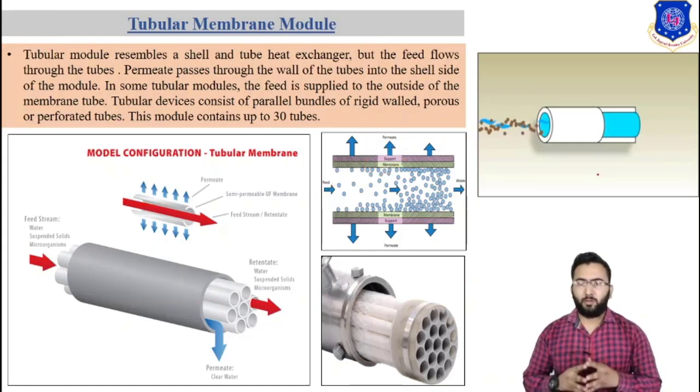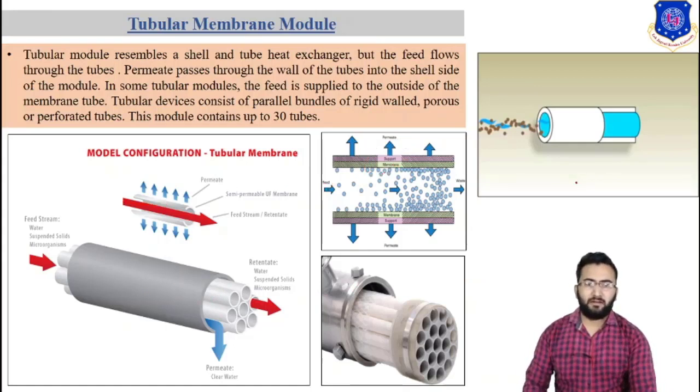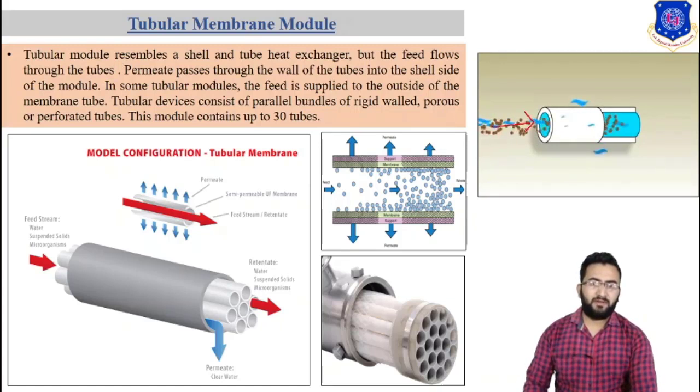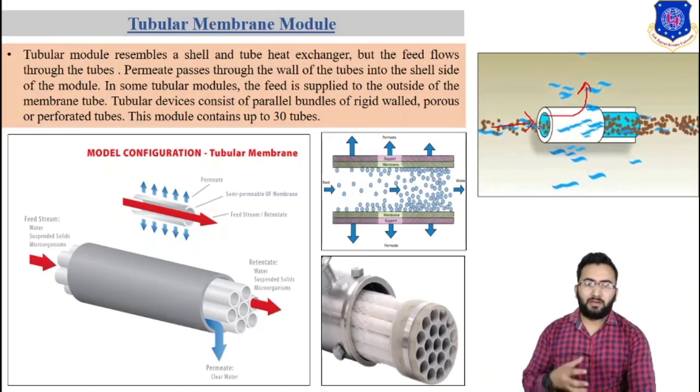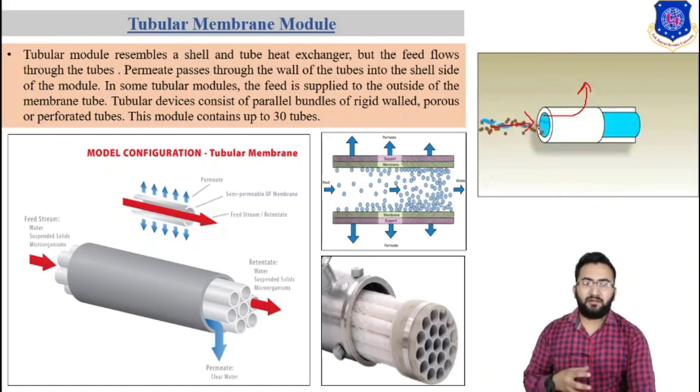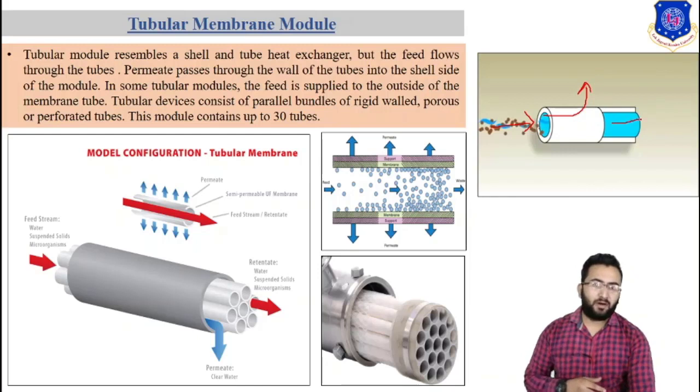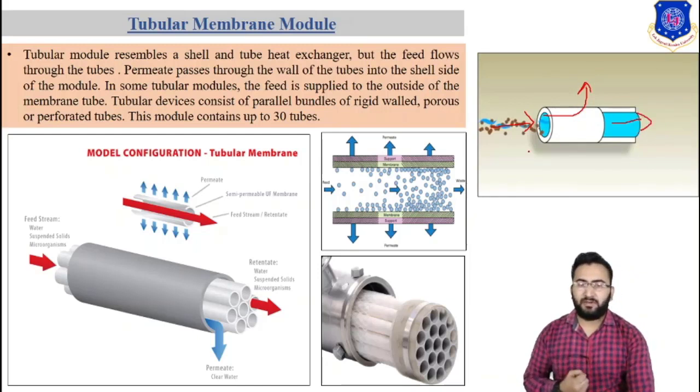To understand the tubular membrane module, let's consider this animation in which the mixture passes through this tube and permeate flows out from this tube, and the rejected retentate, or solute that has a bigger molecule size than the pore size of the membrane, is collected from this side.